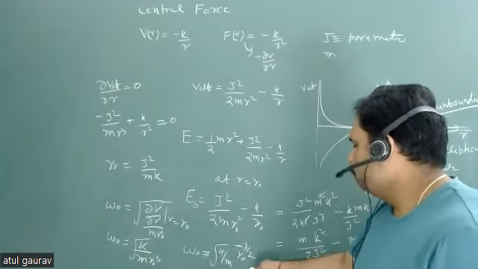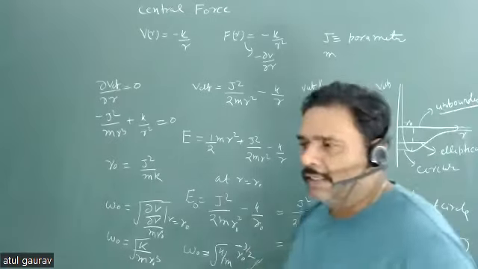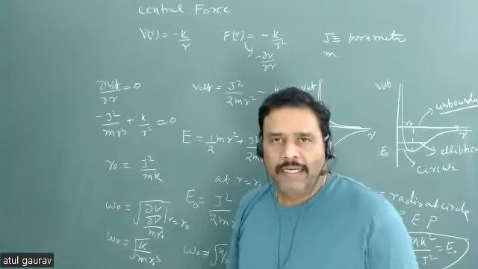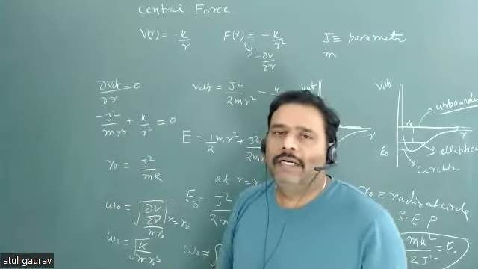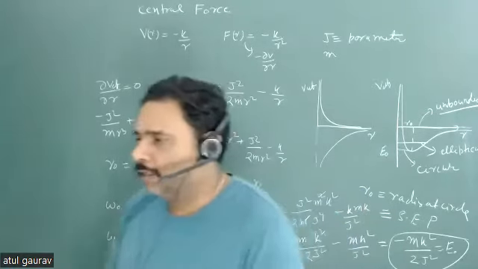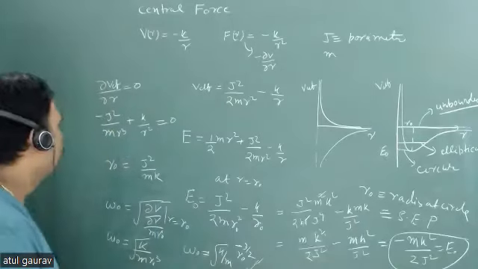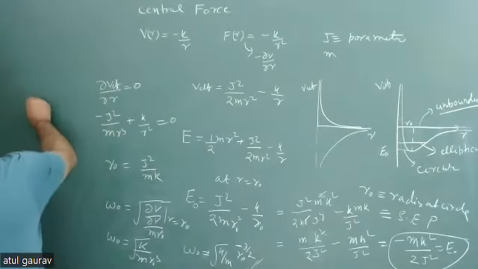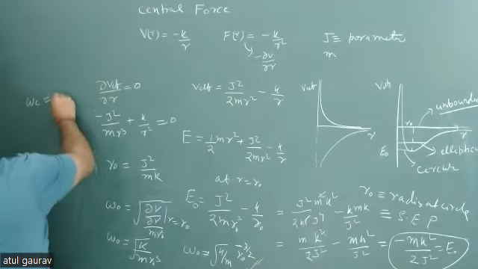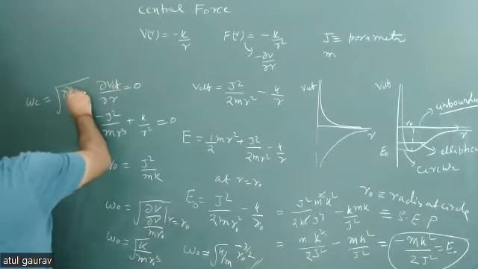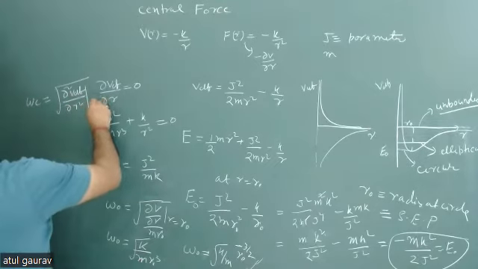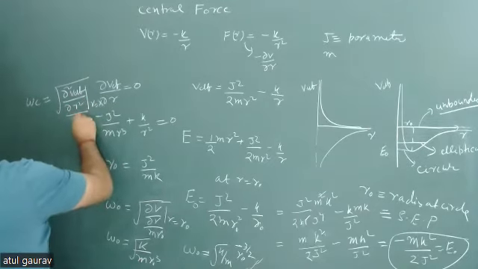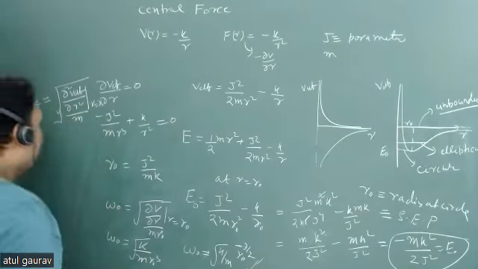Okay. So you can put the value for omega naught, and similarly you can get the value of omega e also. And you will be surprised that omega naught and omega e have the same value. You will see when you calculate in this case. So what is omega e? That is del square V effective upon del r square at r equal to r naught, divided by m, under the root.